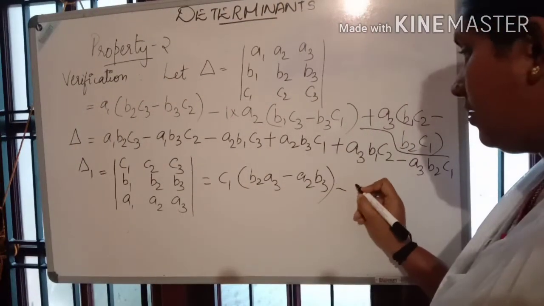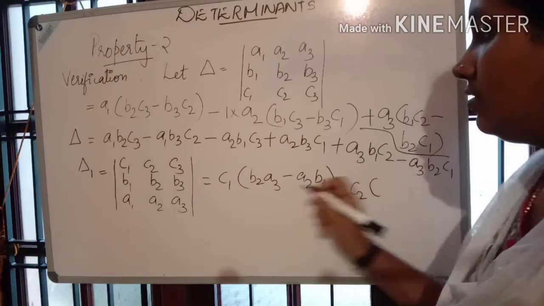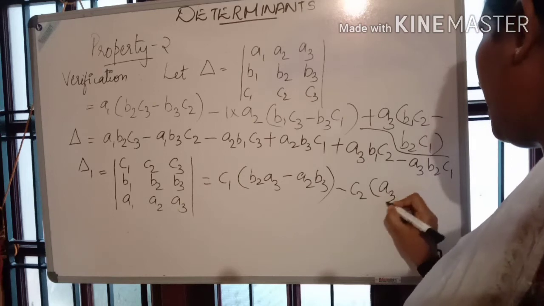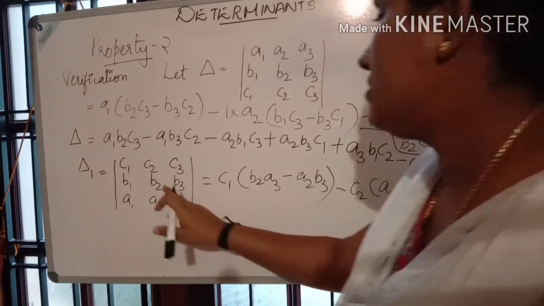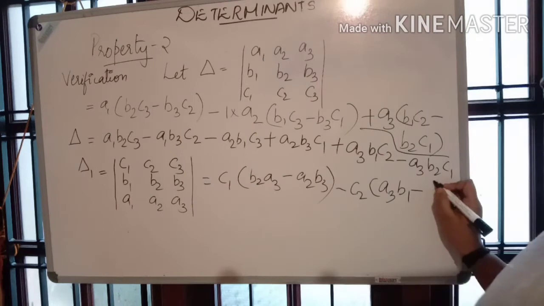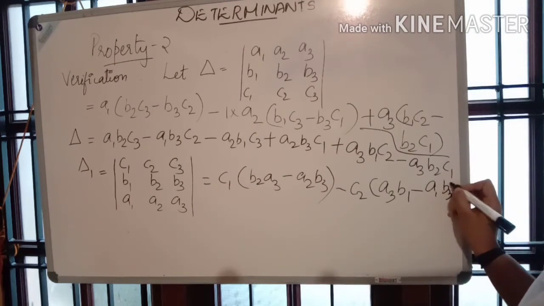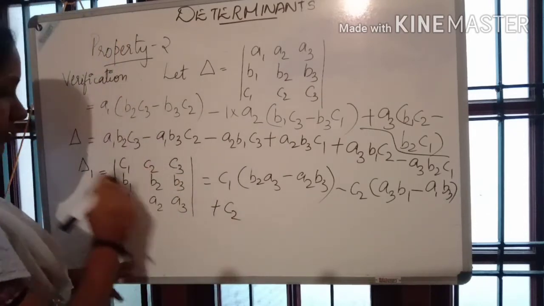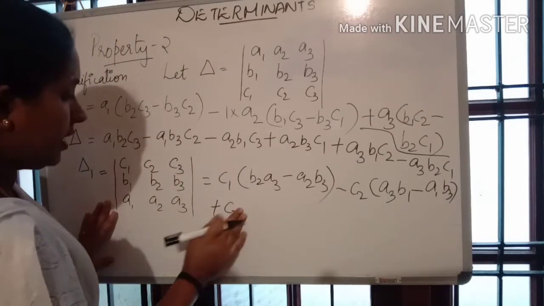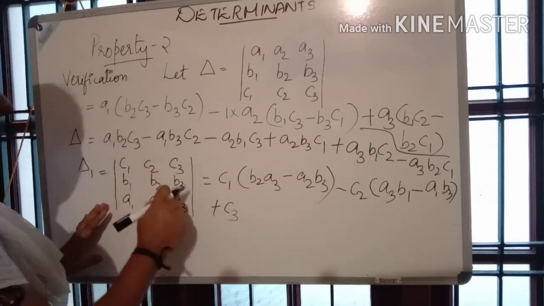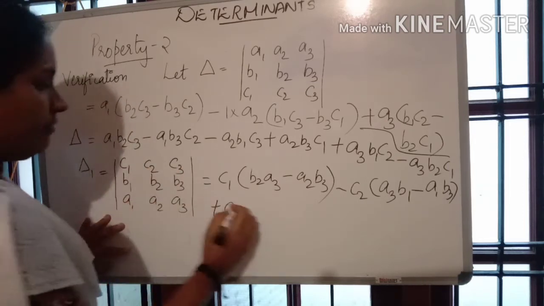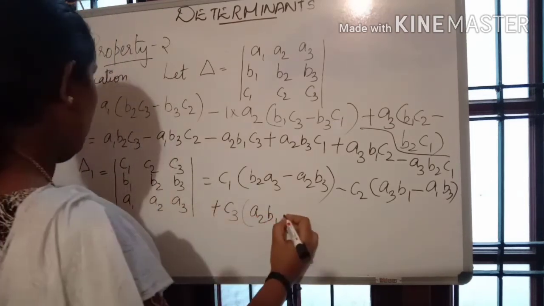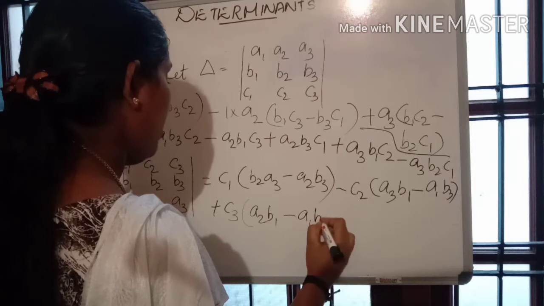Here from C2, B1 A3 minus A1 B3, plus C3 times A2 B1 minus A1 B2.